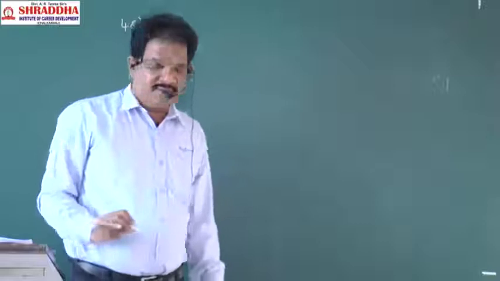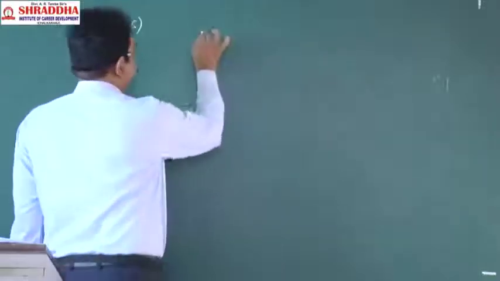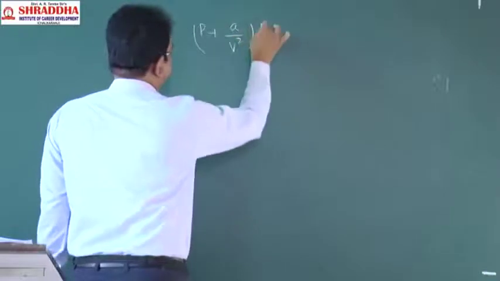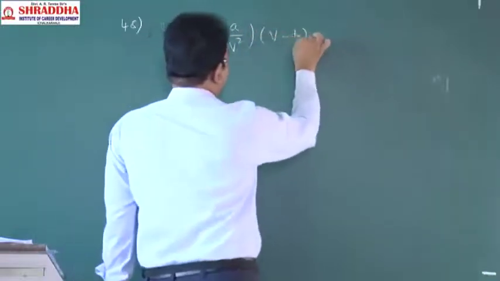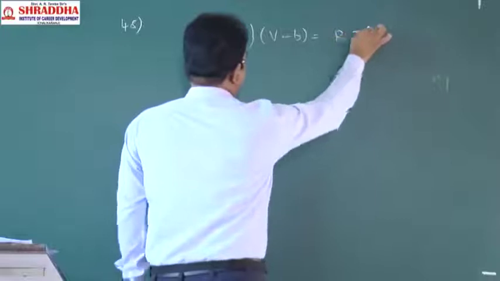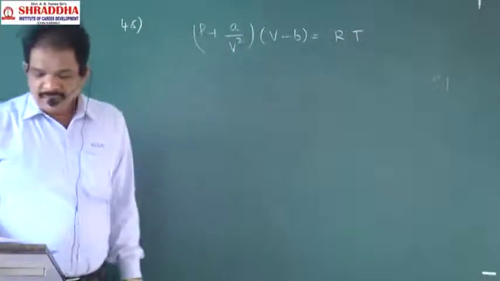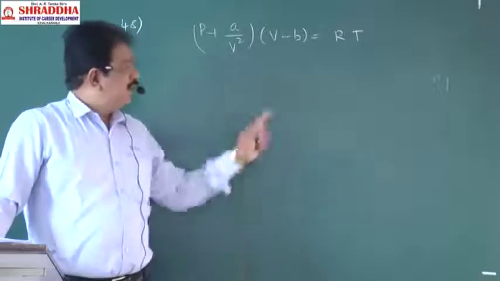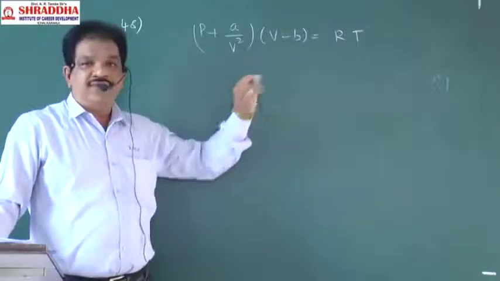Simple only, see, P plus A by V square into V minus B is equal to RT. One equation they gave. What is the dimensions of A by B?